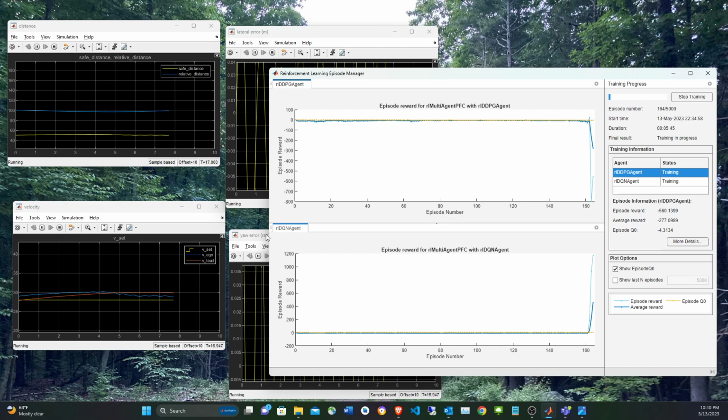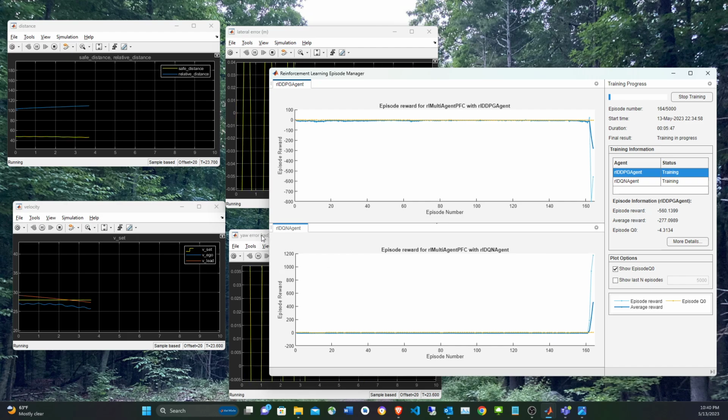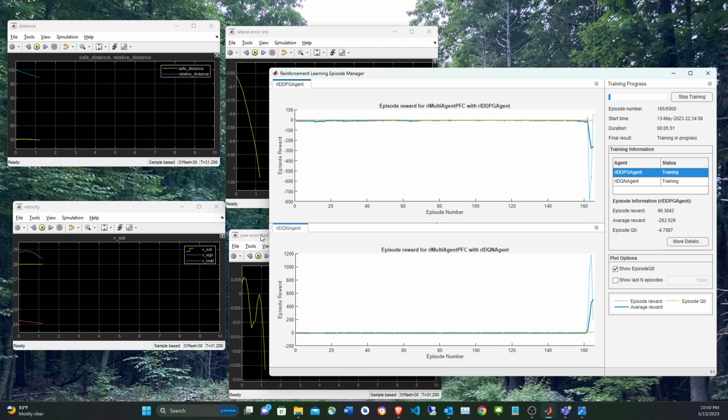It's consistent with what you see there, that the car is getting stabilized in the lane, but still the acceleration and the safe distance is not getting there yet. So it's going to take time. This takes a total of about maybe 1 hour and a half to train. So I'm going to stop it and I'm just going to load the trained model from the example.